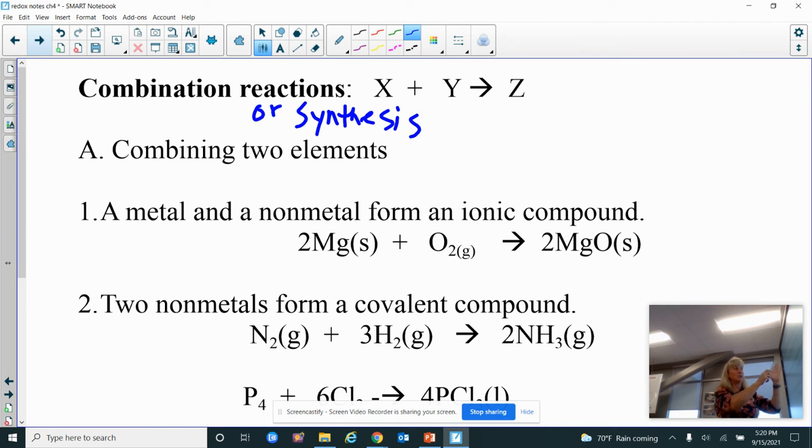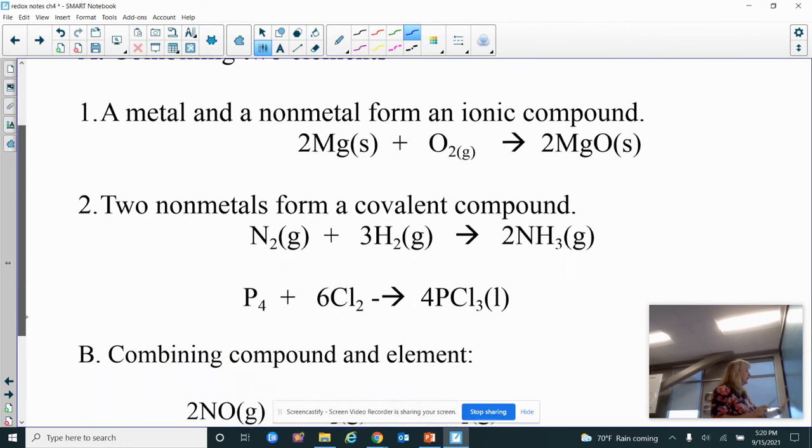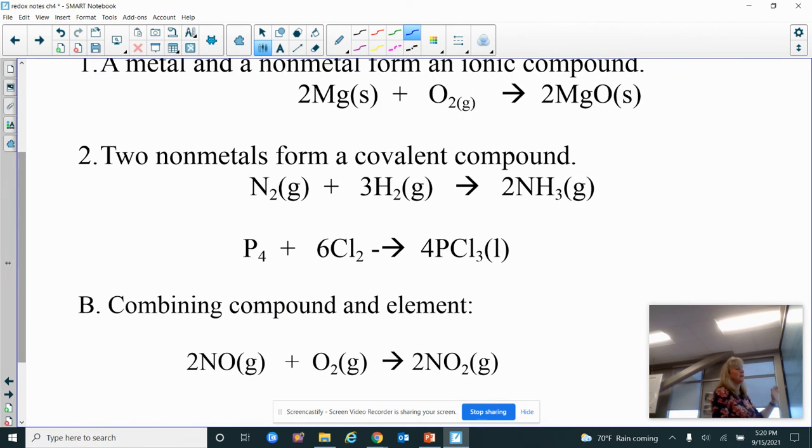So you could have a metal with a nonmetal making a compound. You can have two nonmetals making a compound, but the key in combination or synthesis is you will only have a single product. So they might be individual elements combining, or it could be a compound combining with the element that's already in it.